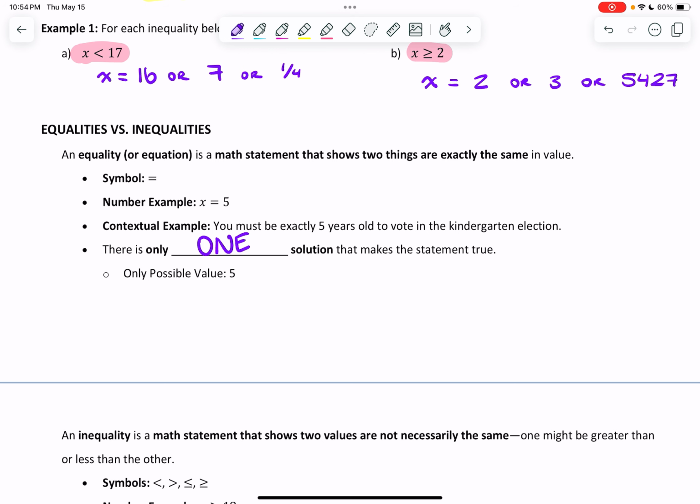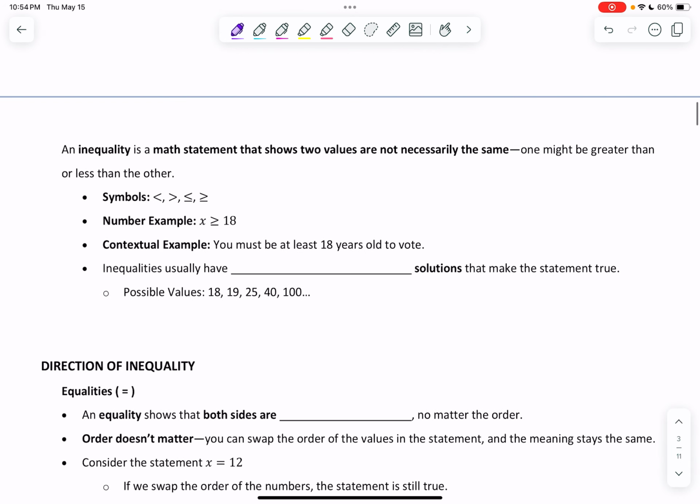Okay. An inequality is different. An inequality is a math statement that shows two values are not necessarily the same. One might be greater or less than the other. Now, in inequalities, we've got more options for the symbols that we use. We can have a less than, a greater than, a less than or equal to, a greater than or equal to symbol. All of them are inequalities.